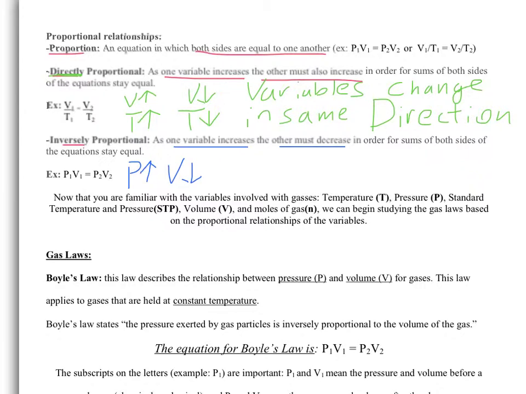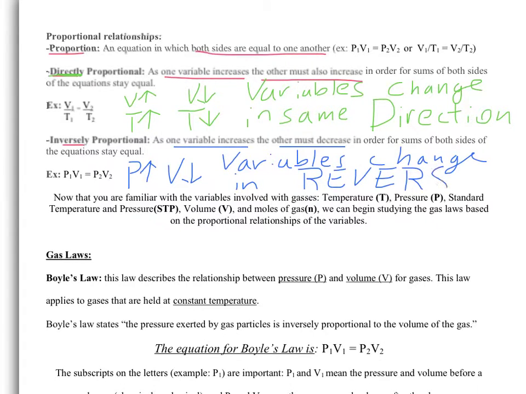They're inversely proportional. Okay? So variables change in reverse. If you know what the word inverse means, then that should make sense to you, but if it's not a common word to you, reverse makes sense to you.